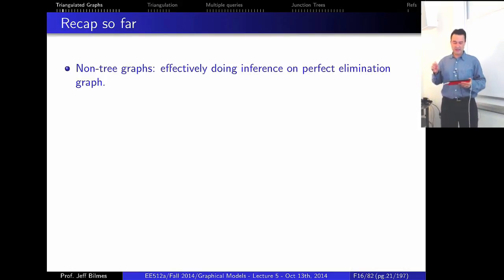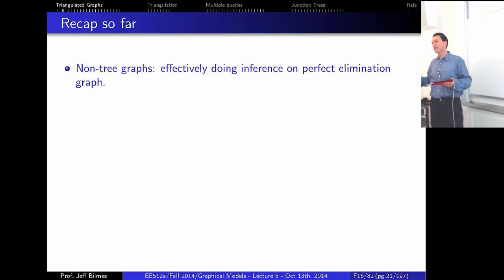And then whenever we do elimination on a non-tree graph, from the computational point of view, we're effectively doing elimination on a perfect elimination graph. Because every time we run elimination, what ends up happening to that graph is that it turns into a perfect elimination graph.